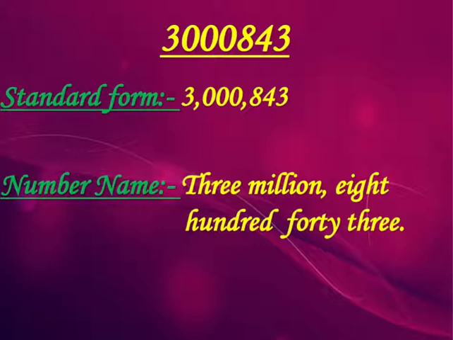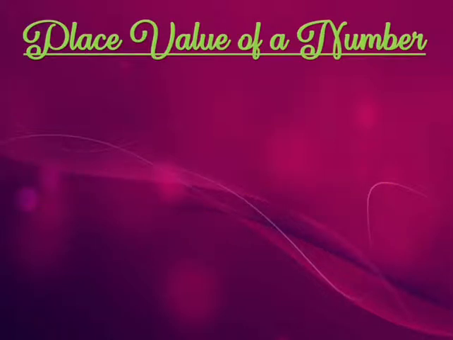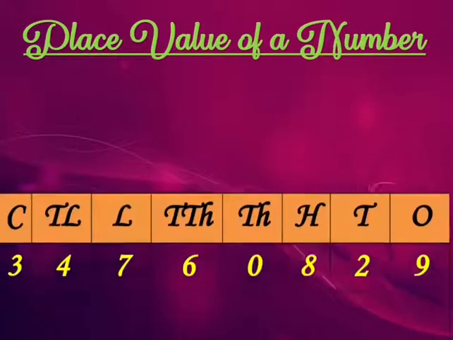Since you can see that the commas are placed after exactly 3 digits, that means we are talking about the international place value system. So here we will be writing the number name in the international place value chart. So our number name will be 3,000,843.